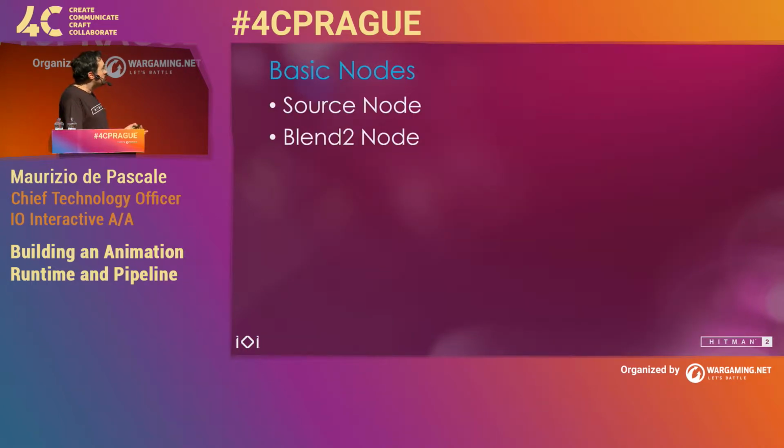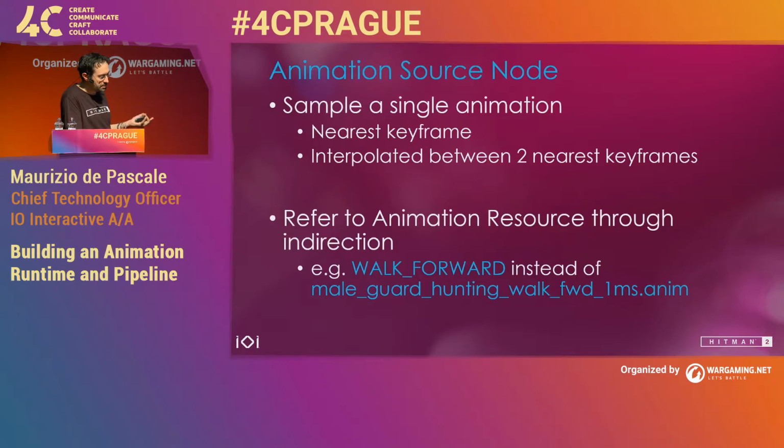Now, surprisingly, you can get a lot of ground covered by just implementing these two simple nodes, right? The animation source node, as the name implies, is the node in our system responsible for sampling the asset data given its current state. It provides two modes of operation.